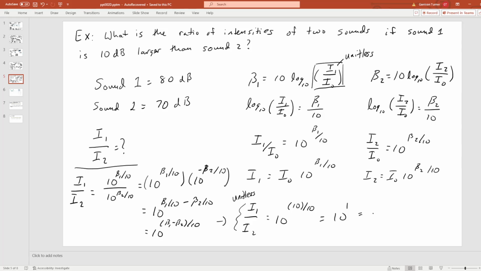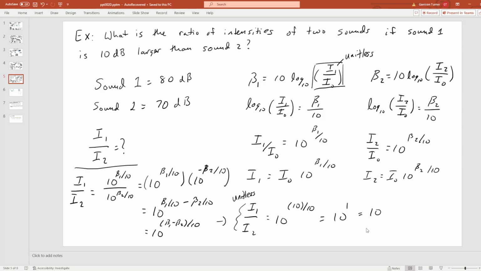And so this is 10. What we mean by this is that the intensity of sound 1 is 10 times as large as the intensity from sound 2. That means sound 1 is 10 times louder than sound 2, and a sound 10 times louder corresponds to 10 decibels.